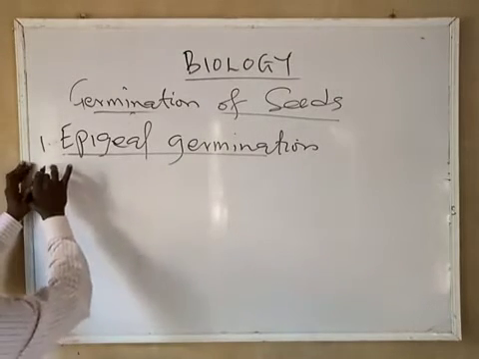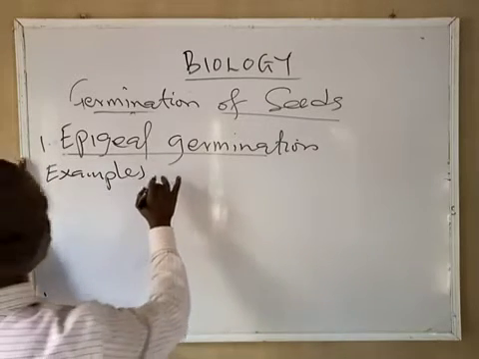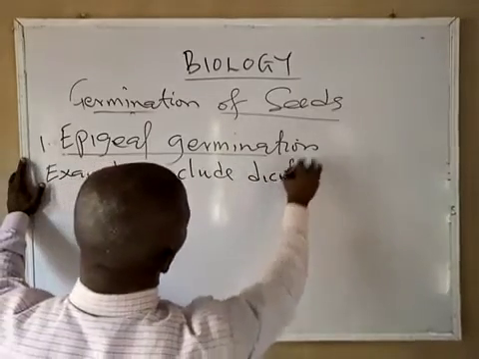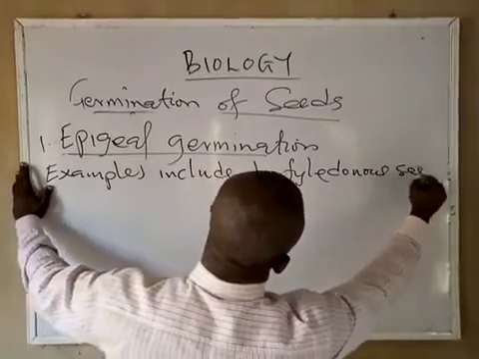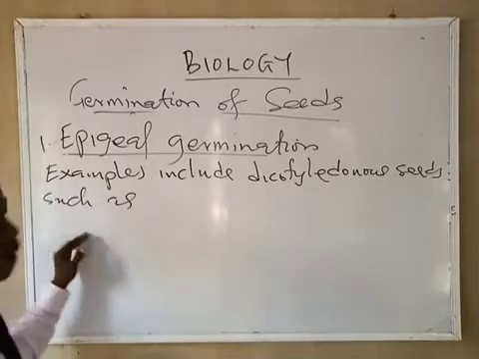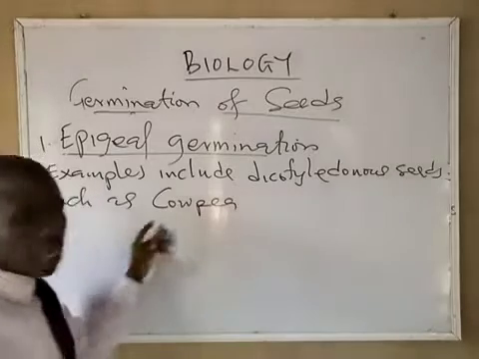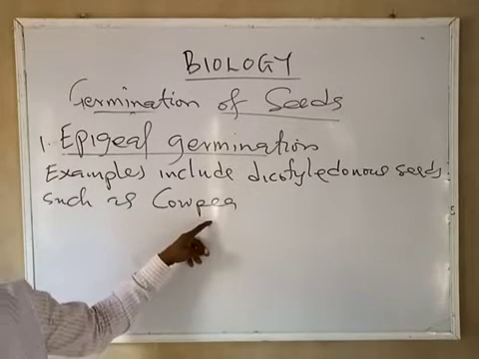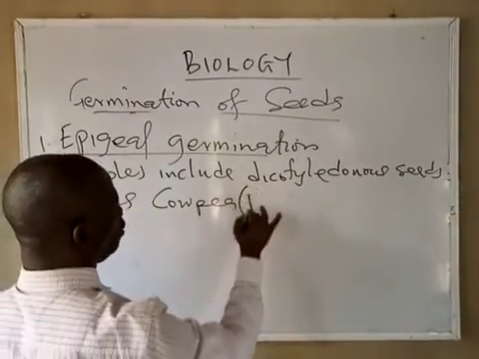Examples include dicotyledonous seeds such as cowpea, like our cowpea, and which we also call beans.